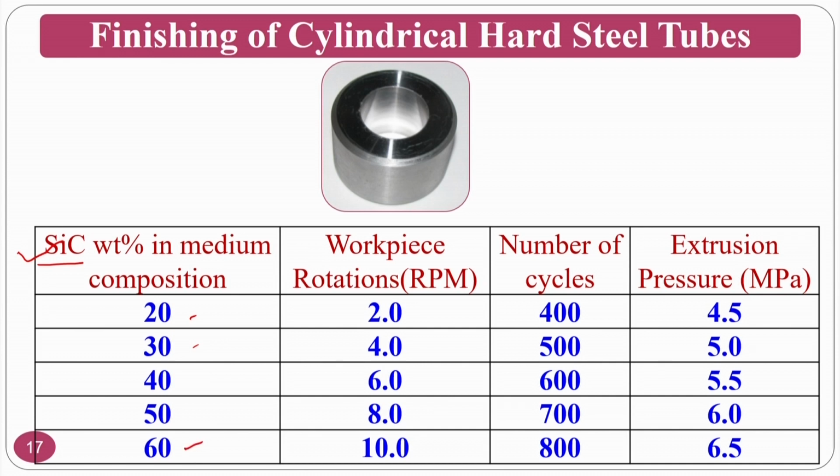Workpiece roughness is increased, the number of cycles is also increased from 400 cycles to 800 cycles, and extrusion pressure, that means how much pressure you are exerting on the medium, is also increased from 4.5 to 6.5. These are all the things given in the experimental data. Now we will see how the surface roughness will improve in case of cylindrical hard steel tubes.